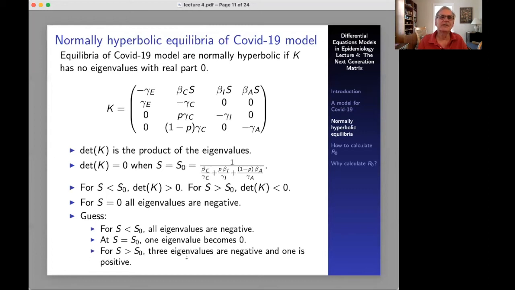For S greater than S naught, with 3 eigenvalues negative and 1 positive, could a disease start near that equilibrium? You bet. That 1 positive eigenvalue is enough to do it.